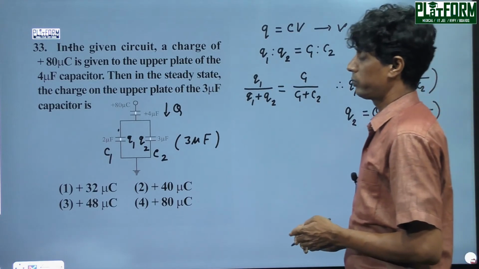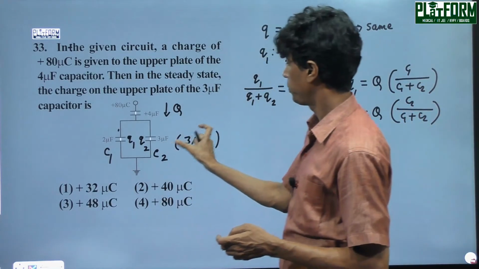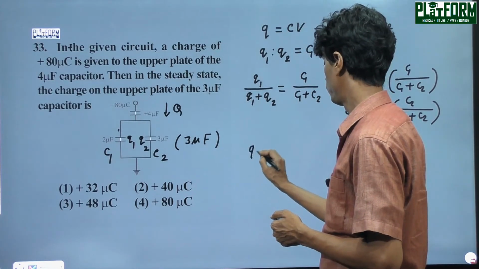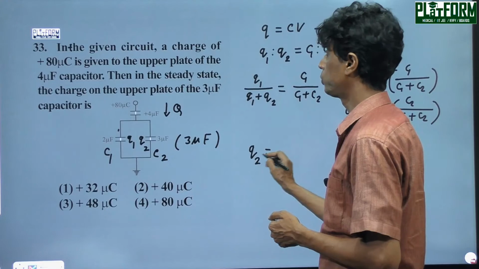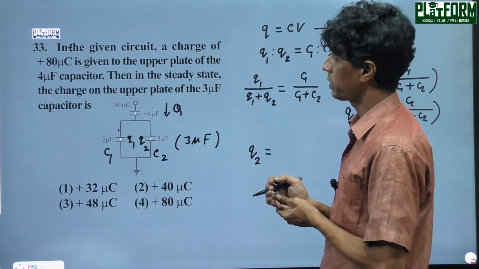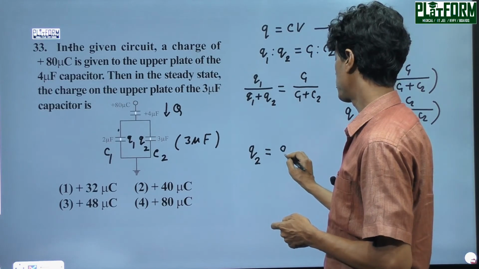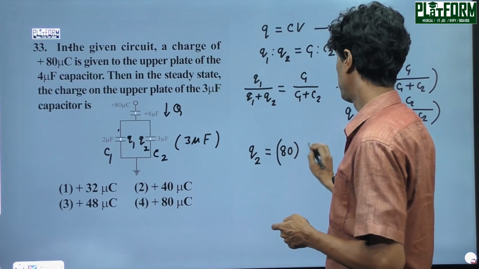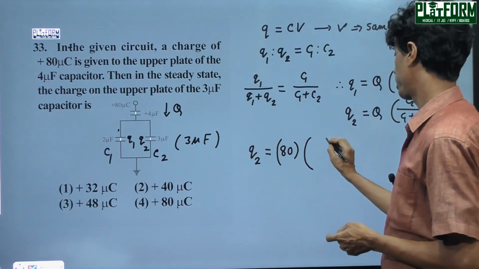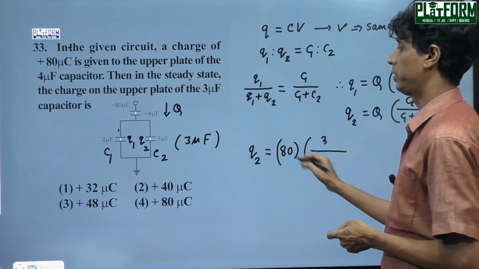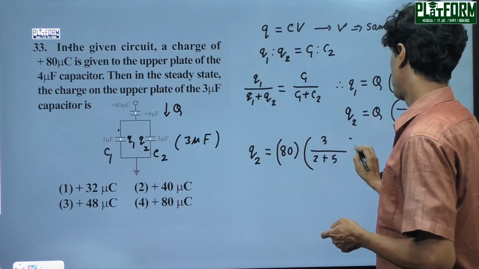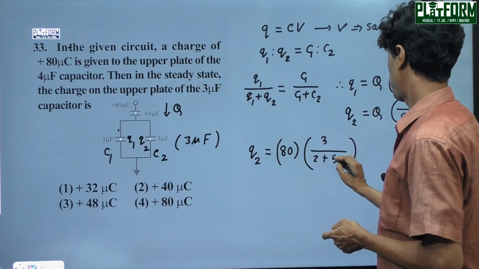But here we have to find the charge on the upper plate of the 3 microfarad capacitor. So Q2 is equal to the charge given, 80 microcoulomb, into capacitance C2, which is 3, over the total, 2 plus 3, which is 5.